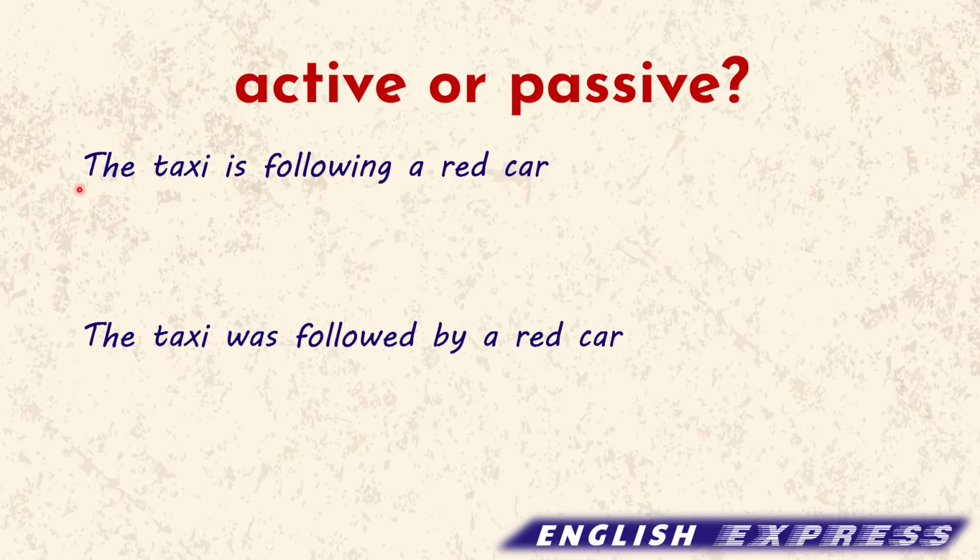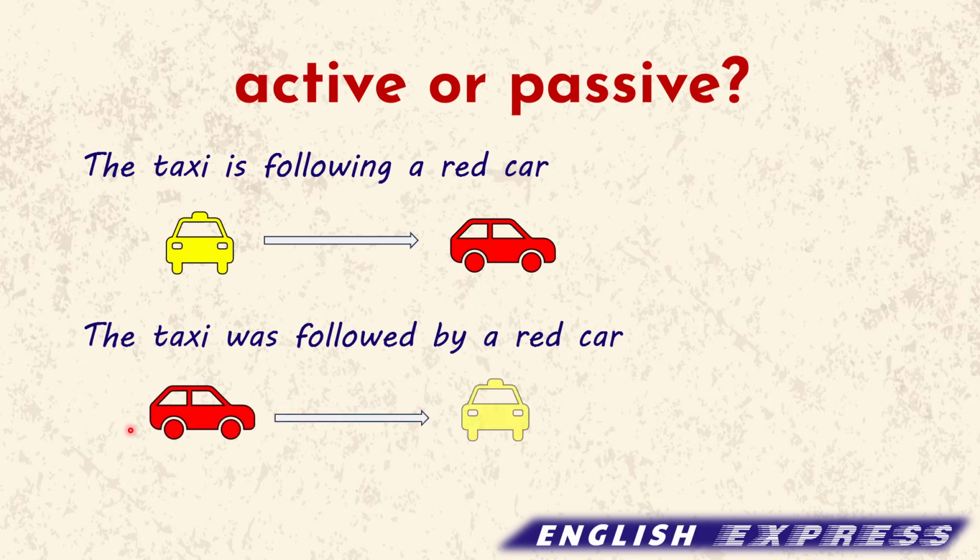In the first one, the taxi is following. That means it's an active one. So the taxi is doing the action. So we will have a taxi following a red car. But in the second one, the taxi, although it is at the very beginning of the sentence, is not doing the action.